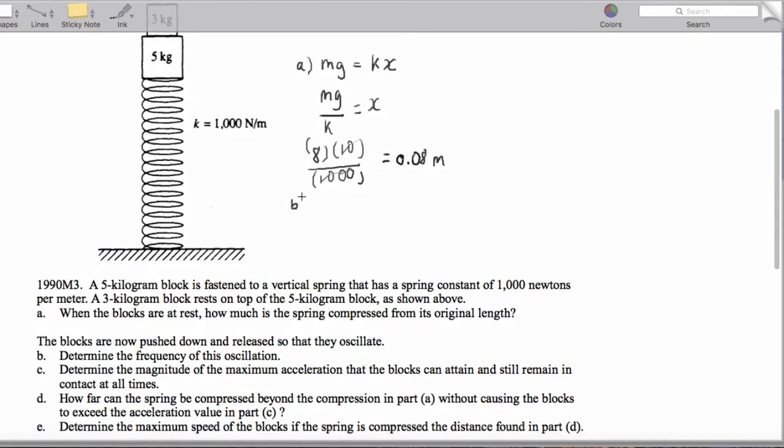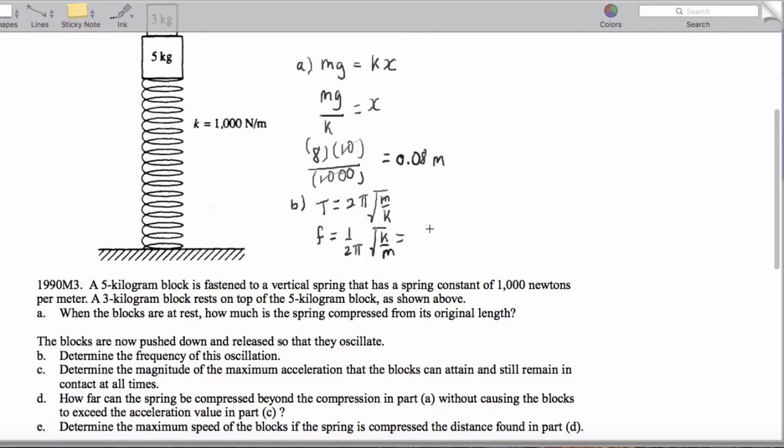Now, just a couple things. If you look at the period formula on the AP Physics sheet, the period of a spring is given by 2 pi square root of m over k. The frequency is 1 over the period, so that's going to be frequency is 1 over 2 pi square root of k divided by m. And so we can actually put in the numbers.